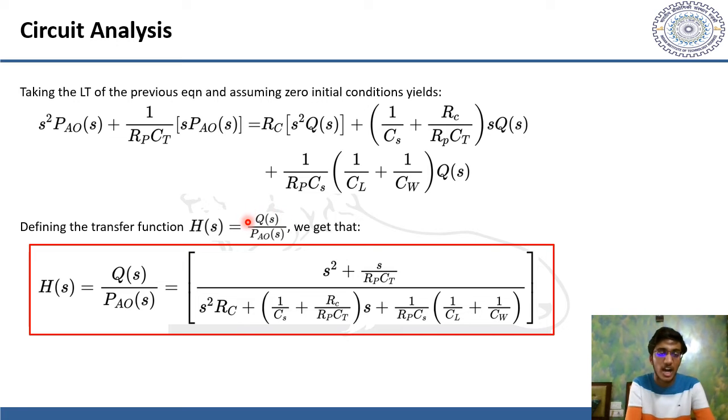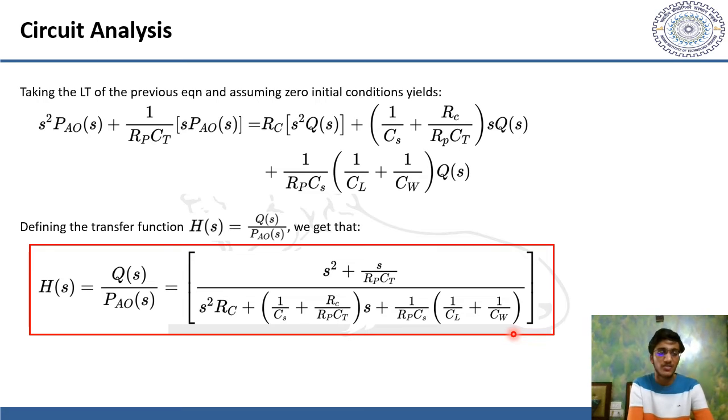As we had defined earlier, the output was the volume flow of air entering the respiratory system, Q, by the Laplace transform of the input, that is the pressure at the airway opening, and therefore assuming zero initial conditions, H of s is equal to Q of s by PAO of s, and thus we finally get, by further simple algebraic manipulations of this equation, that H of s is equivalent to s squared plus s over RPCT divided by s squared RC plus 1 over CS plus RC over RPCT times s plus 1 over RPCS times 1 over CL plus 1 over CW.